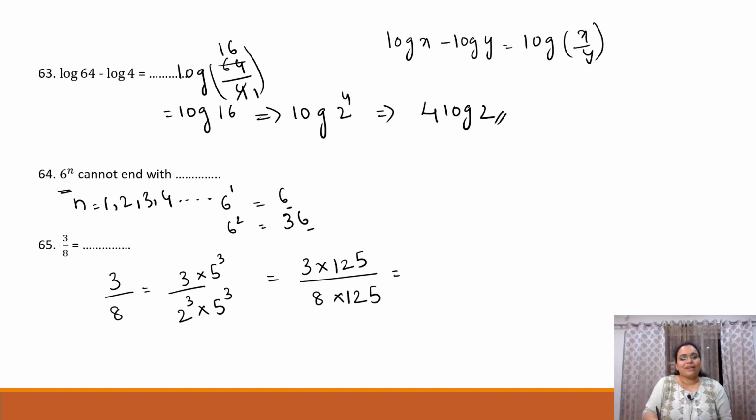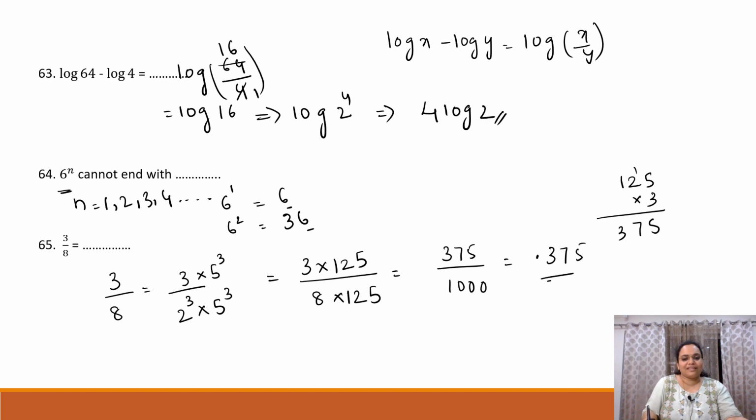Okay. So 125 threes is 375. 375 by 1000, okay. So that is 0.375. This is your decimal expansion.